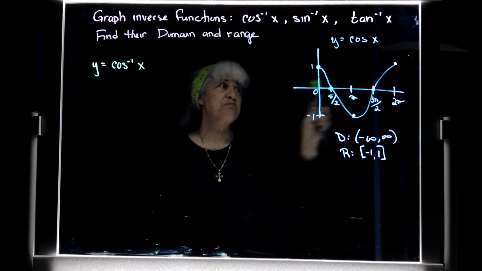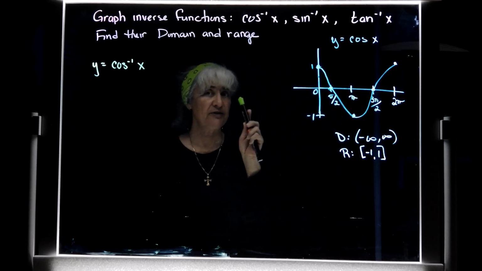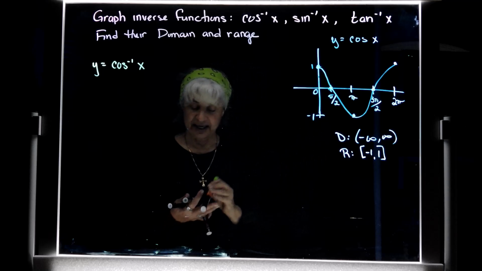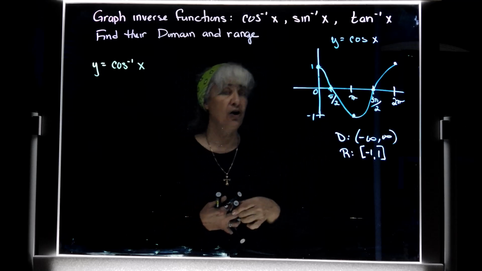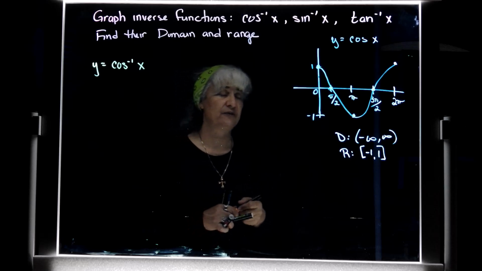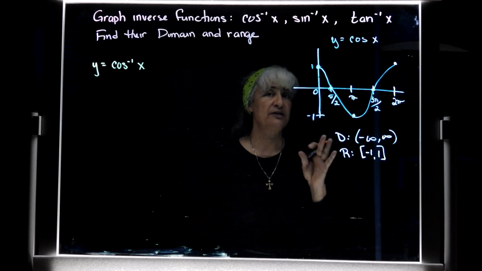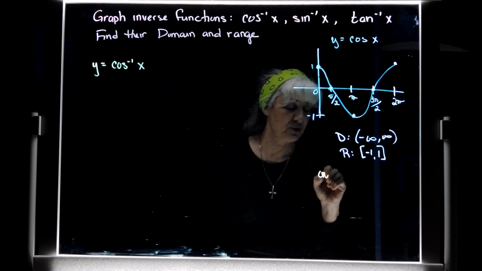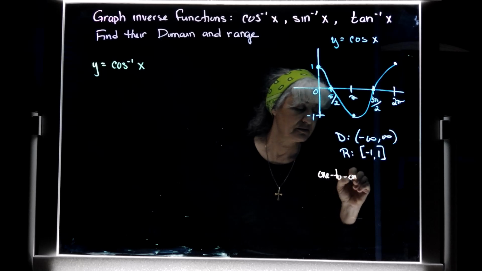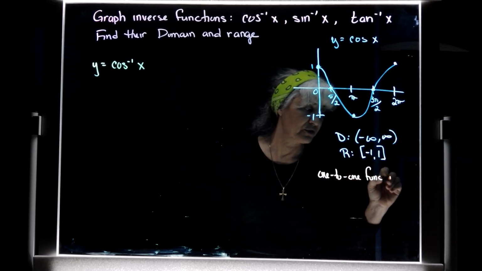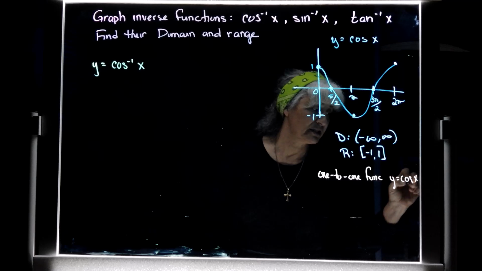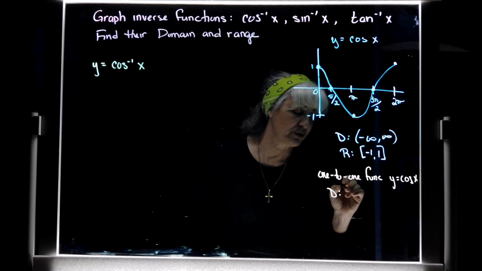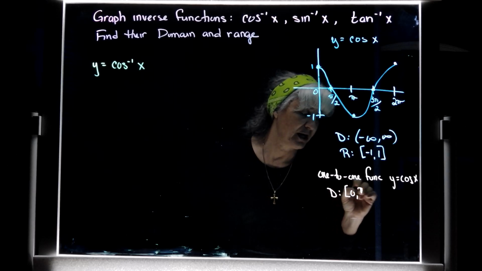For me to make cosine a one-to-one function, I have got to limit its domain. I can't let the domain be all real numbers from -infinity to +infinity. I have to limit the domain. So in order for us to have a one-to-one function for the cosine graph, I am going to limit the domain from 0 to pi.